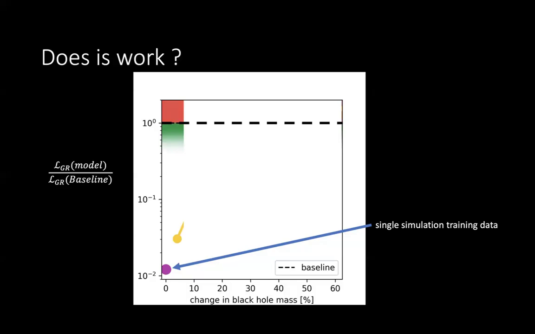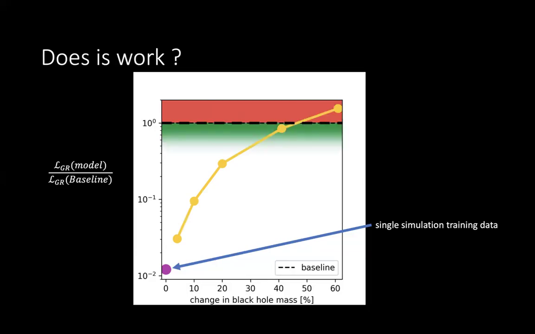If I change my black hole mass for my simulation by 4%, I of course have a decrease in performance. If I increase it by 10%, I'm still 10 times better than the baseline. As I get further and further away, I get worse and worse performance until roughly 40%.